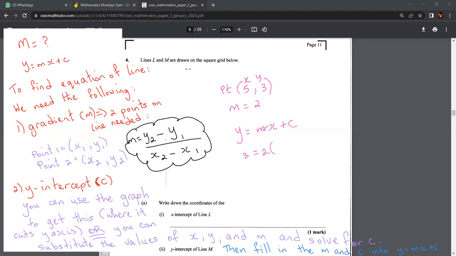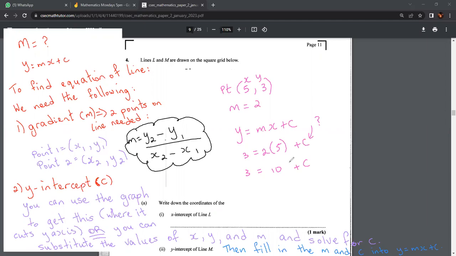Remember, once you have a letter attached to another letter, or a letter attached to a number, it means that you multiply. So this means m times x. So that's 2 times x, which is 5, plus c. Now remember, I need to find out what c is. So if I don't have a graph, this is what I'm going to do. I'll end up with 3 is equal to 5 2s are 10 plus c.